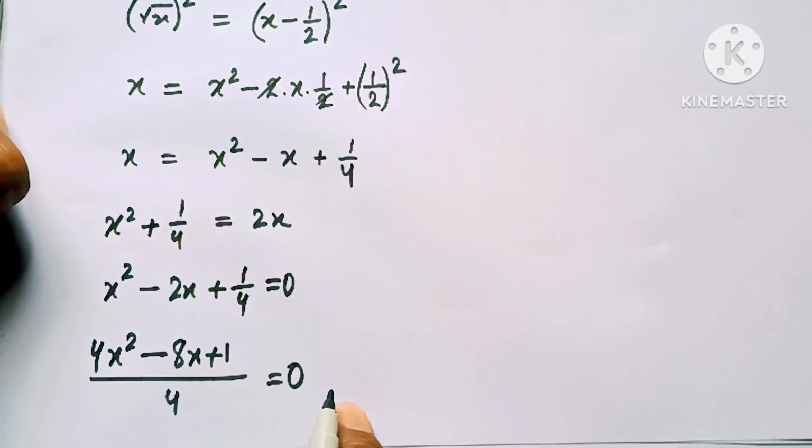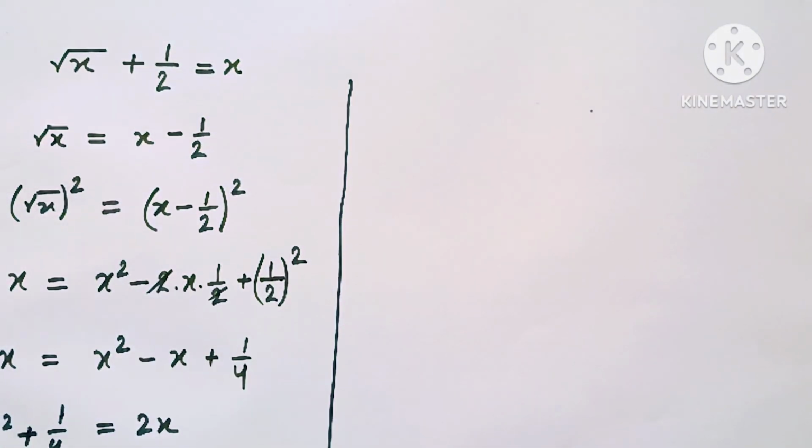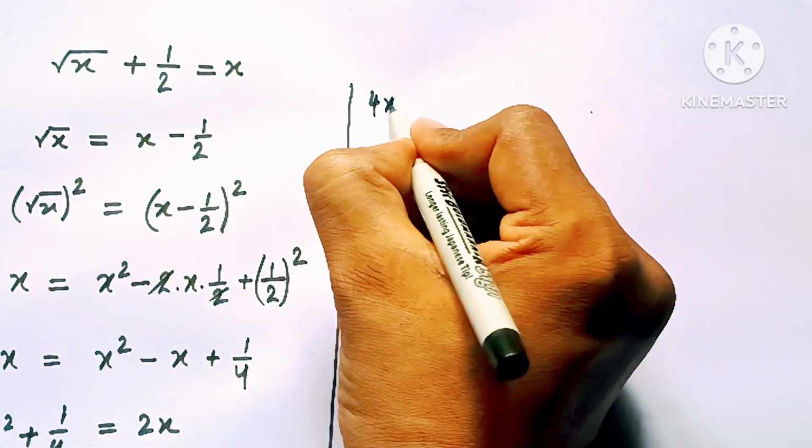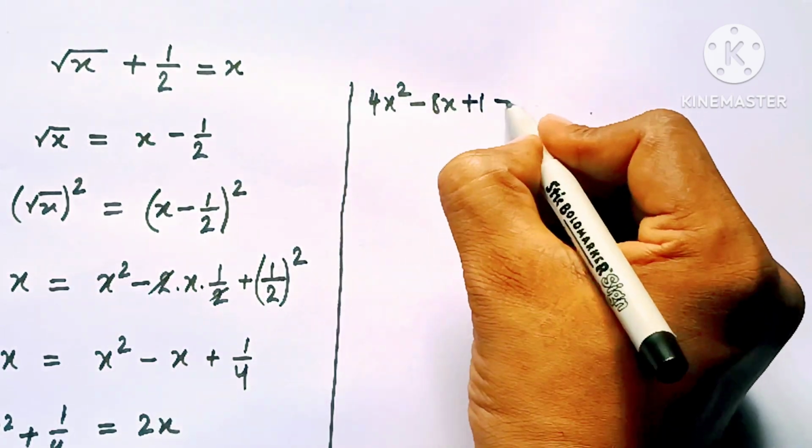Now this is going to be multiplied by 4, and we have 4x square minus 8x plus 1 equal to 0.